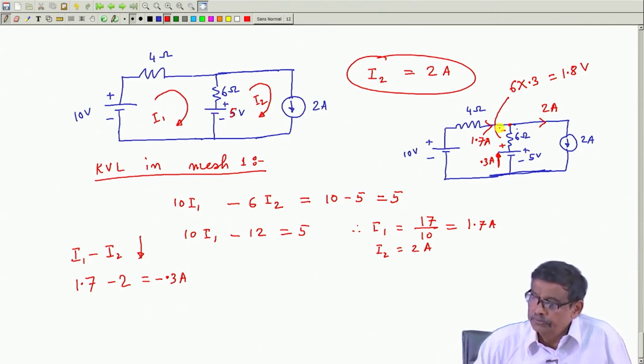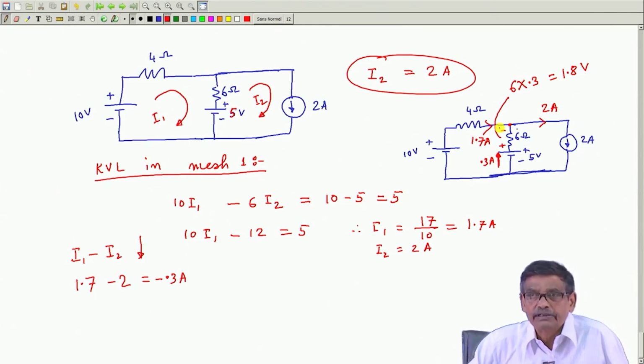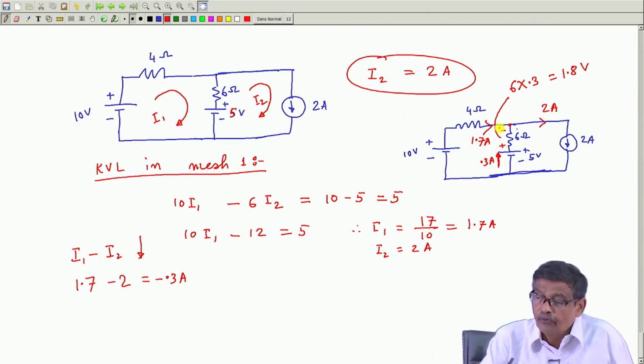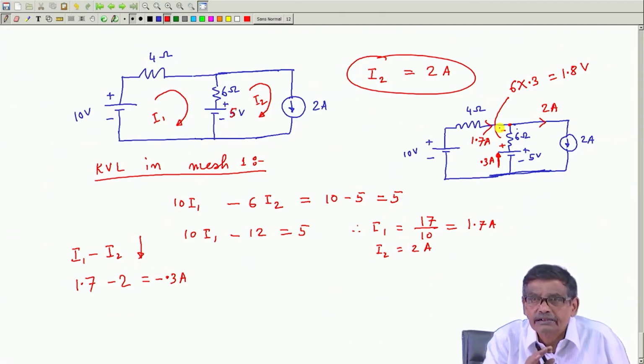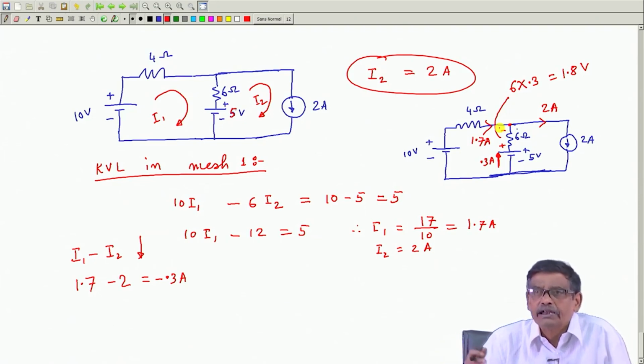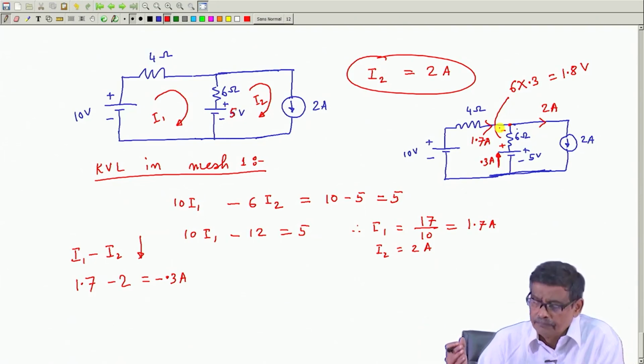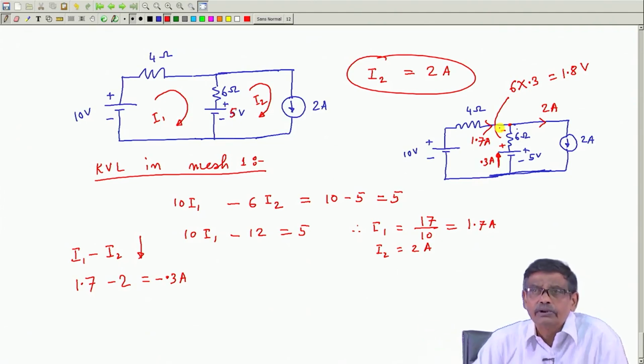Now, as I told you, you have solved this network, there is a current source present and the voltage of the current source is not known. Current is fixed, voltage could be anything, as in an ideal battery, voltage between the terminals is fixed, current it will deliver depends upon what the connected load is.